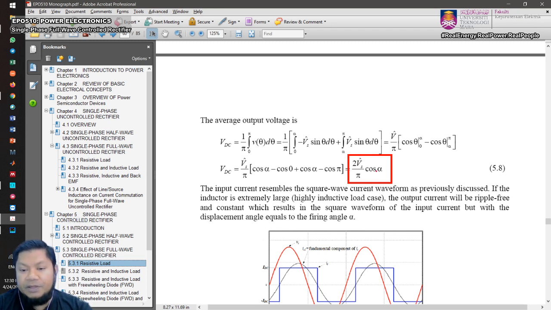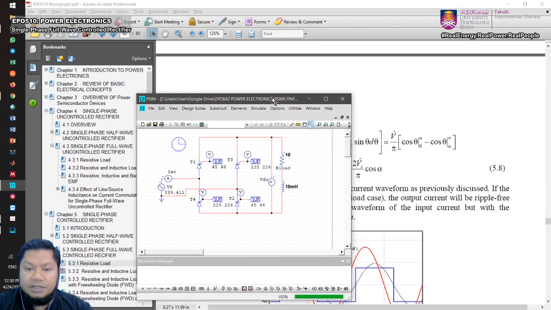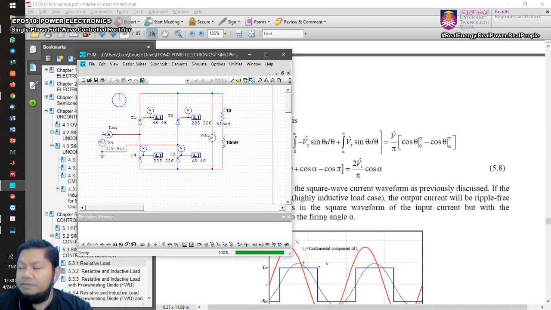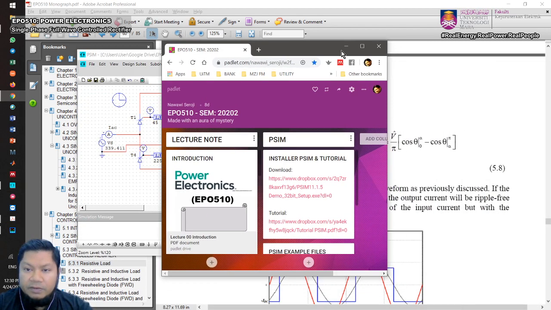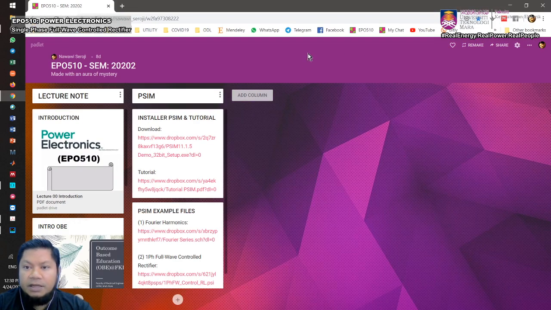All right. So now I'm going to show you some simulation here. Don't worry, I've already shared with you this circuit. If you go to my Padlet under the PC column, you're going to see new files being uploaded here.